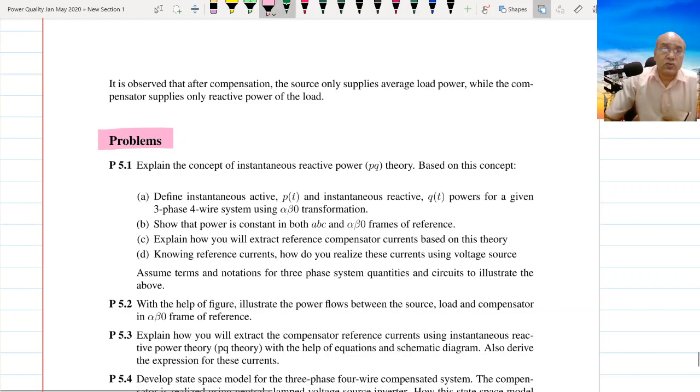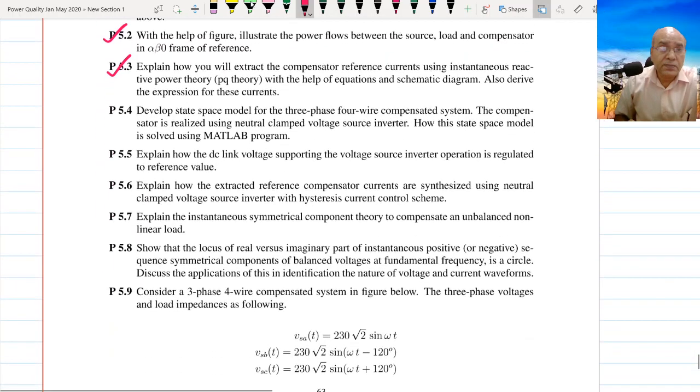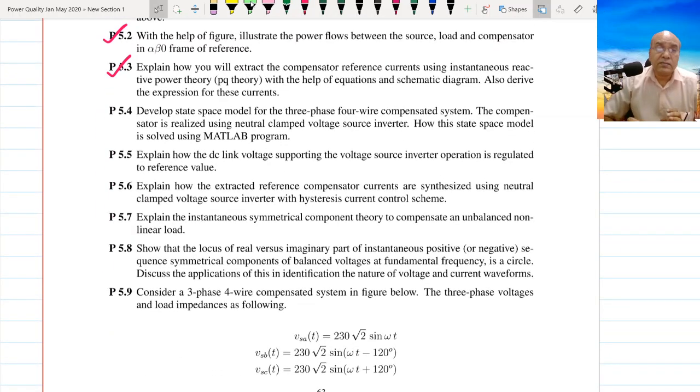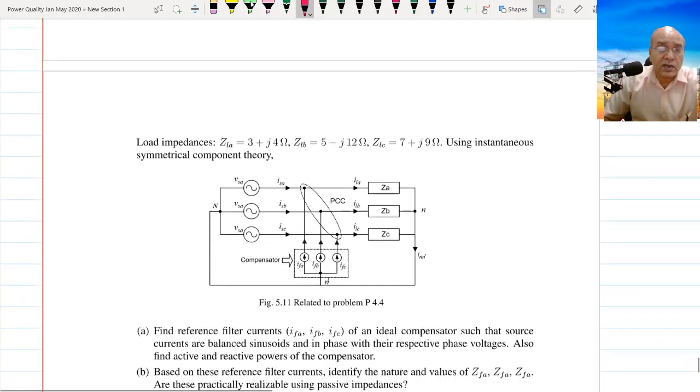Okay, so all these questions 5.1, even theoretical questions 5.2, 5.3, whatever I have given in this chapter, consider them as the tutorial for this unit. 4, 5.5, 5.6, 5.7, 5.8, 5.9. There are like 10 problems for the tutorial, so do not leave them.